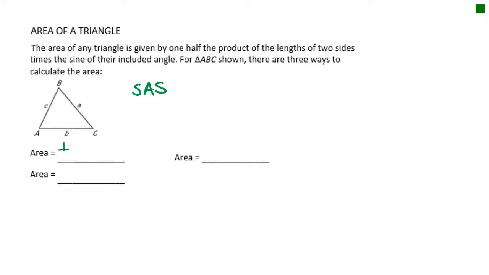So I either know sides B and C and angle A, or sides A and B and angle C. Notice I have to have the two sides and the angle in between, which is neither one of the sides, because it can't be the angle opposite them. Notice there's an A, B, and C in each of the formulas. Either the two sides B and C and the angle A, or the two sides A and B and the angle C, and so on.